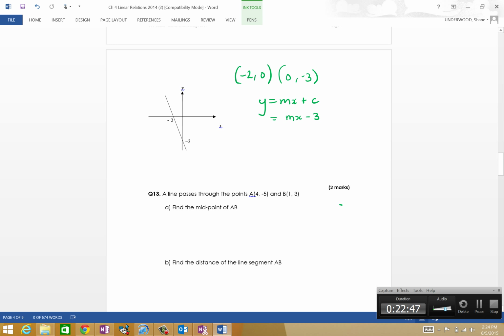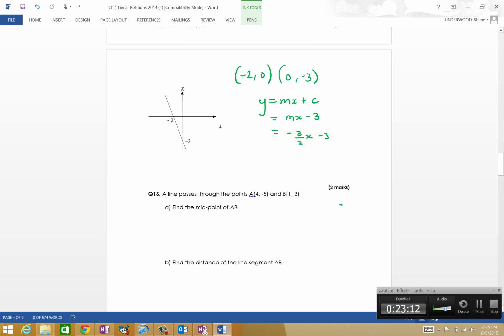Well, now we can find the gradient because we've got 2 points. So we know for every 2 squares that are run, 3 squares are risen. So the gradient is equal to minus 3 over 2.